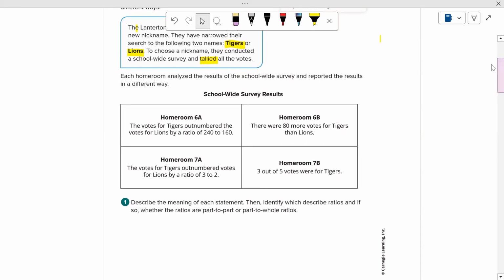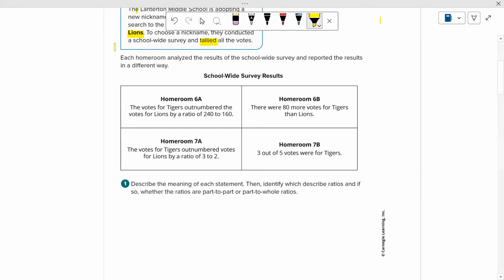In homeroom 6A, the votes for Tigers outnumbered the votes for Lions by a ratio of 240 to 160. So Tigers outnumbered Lions. In homeroom 6B, there were 80 more votes for Tigers than Lions.